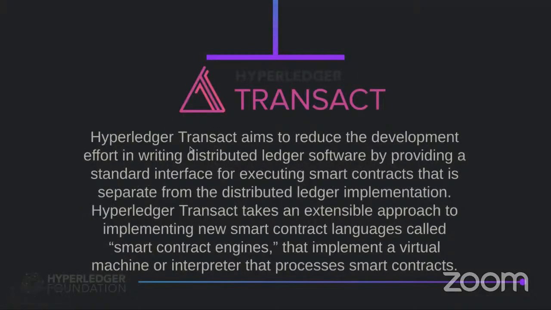Transact aims to reduce the development effort in writing distributed ledger software by providing a standard interface for executing smart contracts that is separate from the distributed ledger implementation. For those who know DLT, it's sometimes cumbersome for a network to share a distributed ledger. But once you have a platform where you can share your logic, there's a standard interface with commonly agreed principles for developing certain solutions.